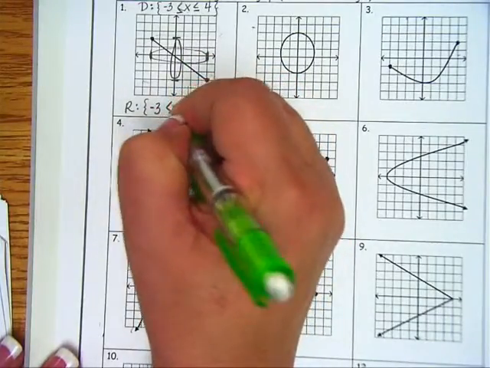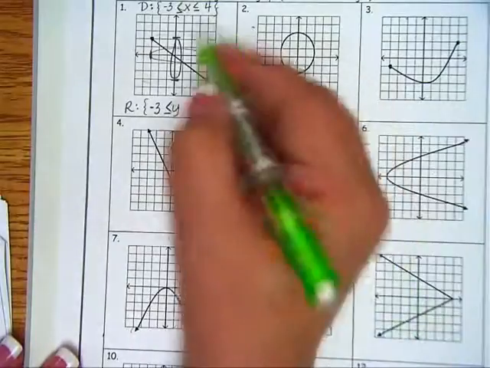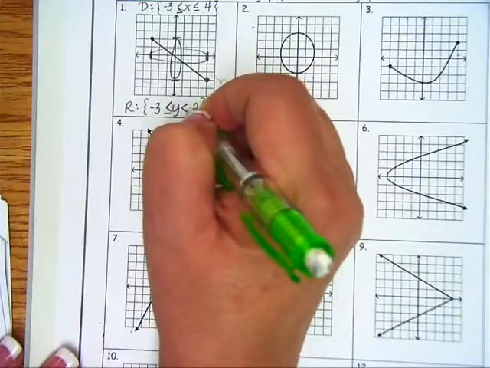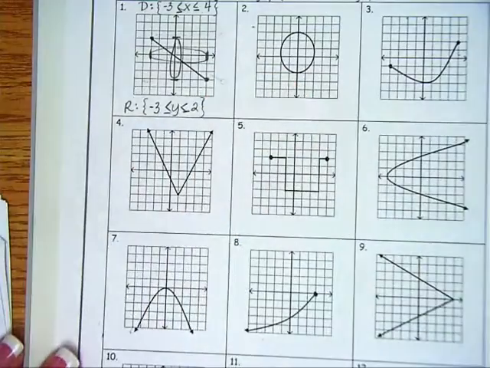So make the big part go to the y. And it's less than the 2. So make the little part go to the y and the big part go to the 2. There. So your range is all y values greater than or equal to -3 and less than or equal to +2. Is that making sense?